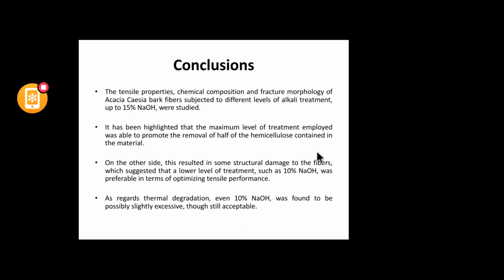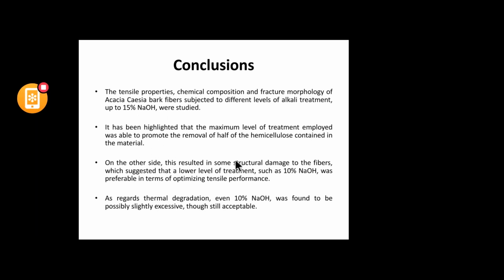So based upon the studies which I conducted, I am concluding that the tensile properties, the chemical composition and the fracture morphology of the acacia bark fiber subjected to different levels of alkali treatment up to 15% NaOH were studied.